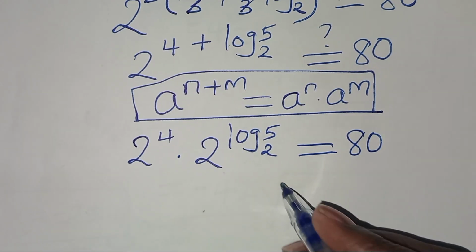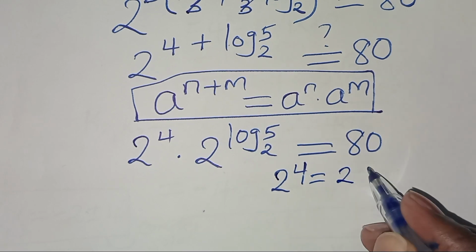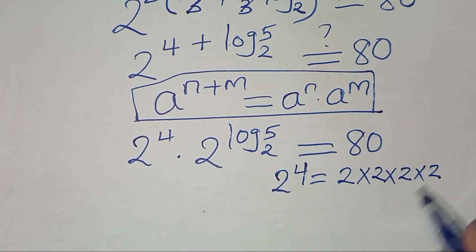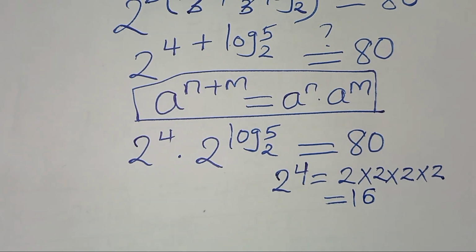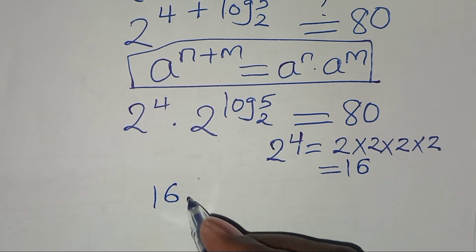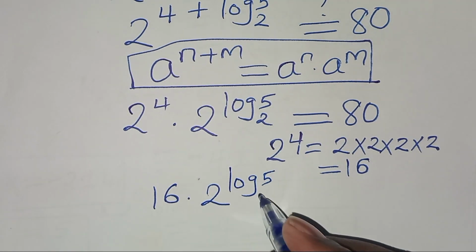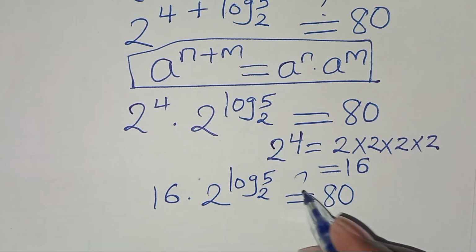Now 2 to the power 4 is the same thing as 2 times 2 times 2 times 2, and this is equal to 16. So in this case, we have 16 multiplied by 2 to the power log 5 to base 2. This is supposed to give us a value of 80.